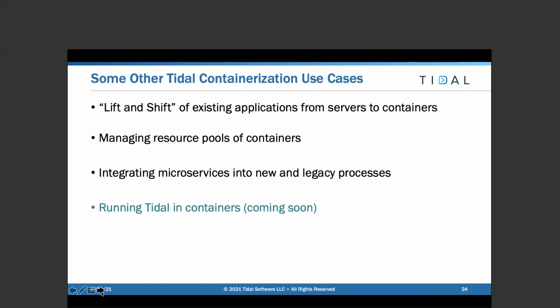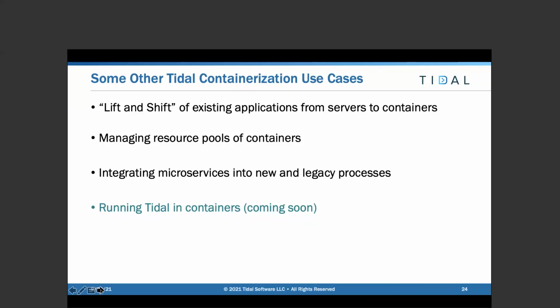We don't care whether it's on a server or it's in a container or something in between. You also have the ability to manage resource pools of these containers through Kubernetes. And this is something that has expanded into a responsibility of many automation teams along the way, not only to be able to run the processes, but also to manage the resources associated with them.